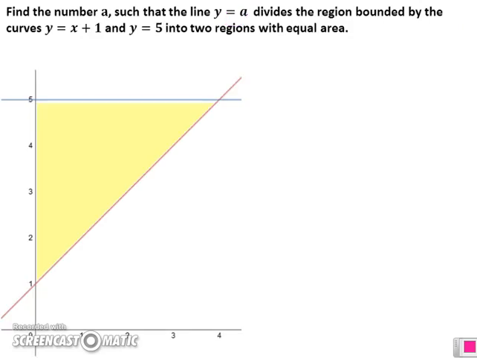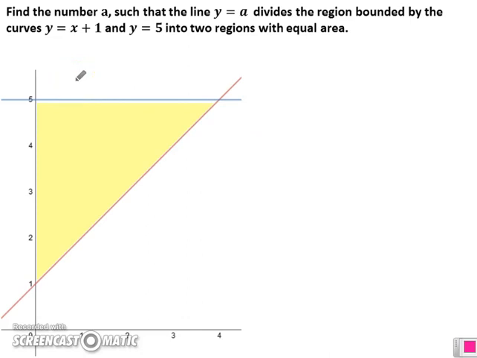So if we're bounded by y equals, these directions need to say in the first quadrant actually, or bounded by x plus 1, y equals 5, and x equals 0. So let's pretend that's in there in the first quadrant.